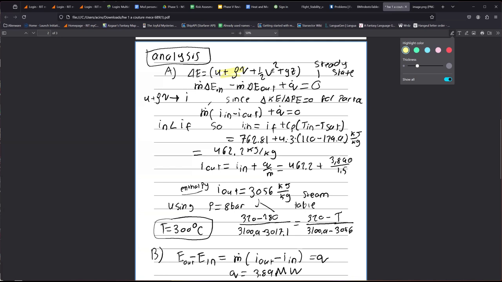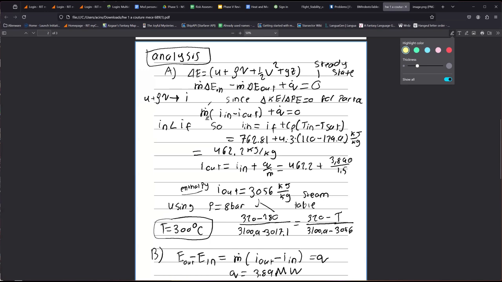And as said above, we neglect kinetic and potential energy. Once you do that, you're left with m dot times the energy in minus m dot times the energy out plus the thermal energy Q equals 0. Simplifying even further, you end up with the enthalpy in minus the enthalpy out times the mass flow plus the thermal energy equals 0, because it's steady state.